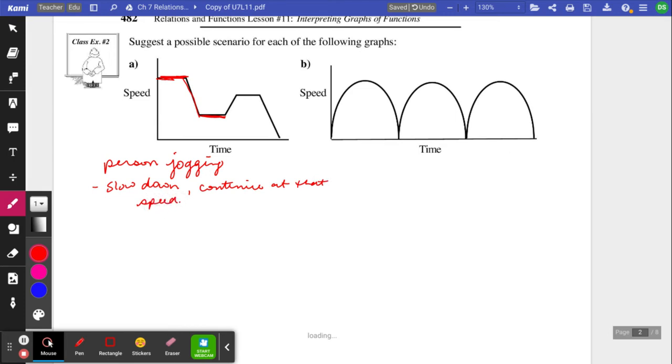They feel better and they go faster. They start to go faster. They read and then maintain. And then what? So they're maintaining along here and then they stop. Okay. So any amount of scenarios you could write.